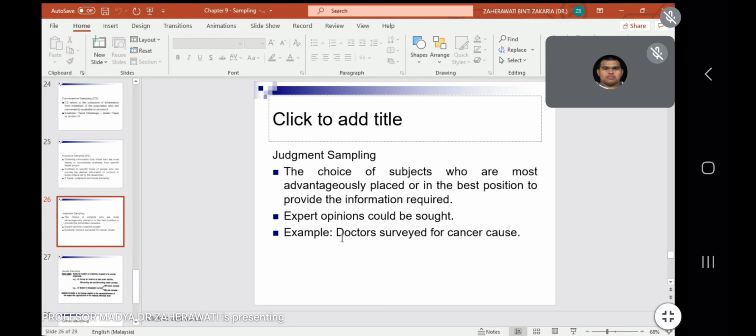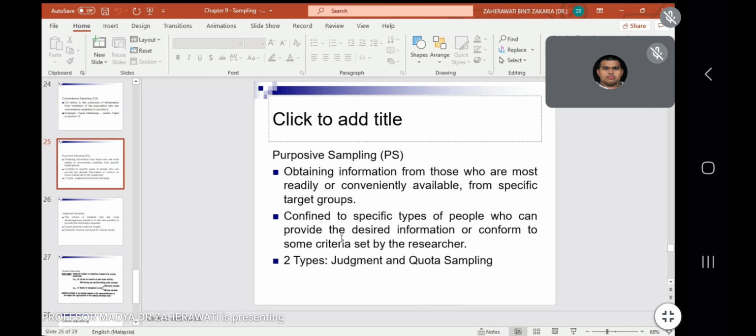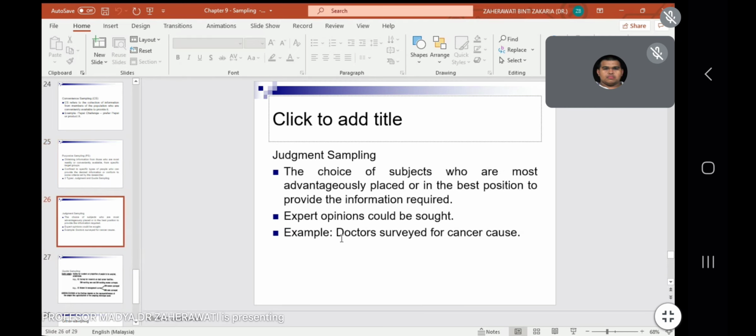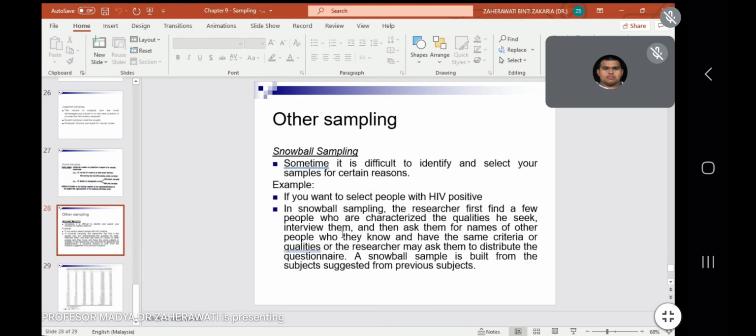Okay, and there are two types under purposive, but usually we have snowball. What is snowball? Snowball is when you do not have a list of respondents, but you only have one or two.